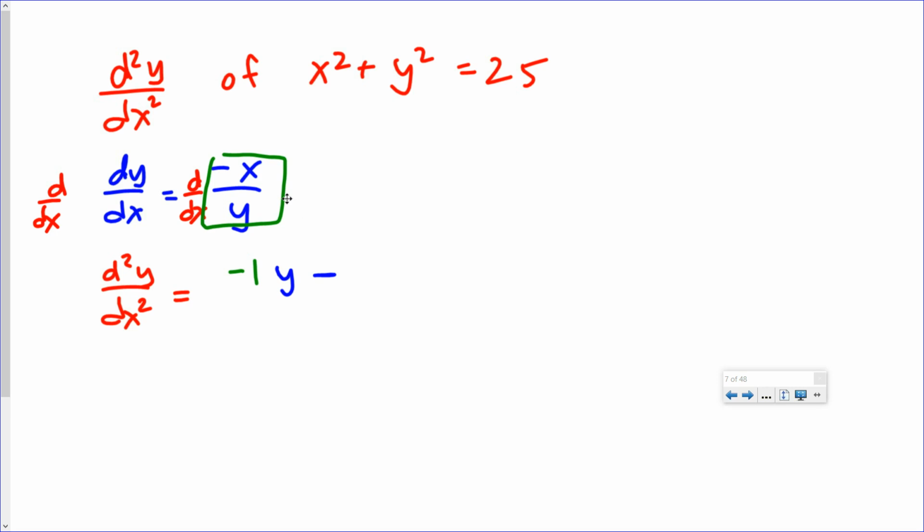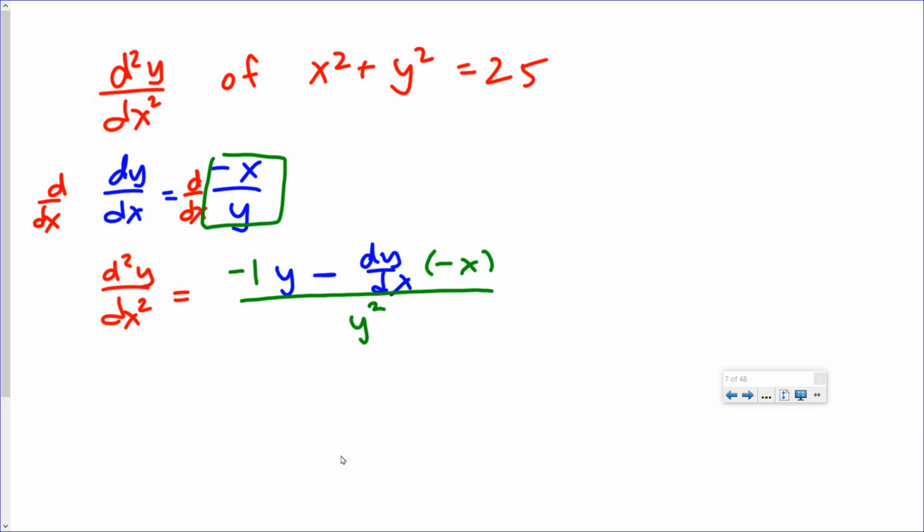But hold on. What's the derivative of y? It's 1 dy dx. So this is going to be 1 times dy dx, derivative of the first times the second, minus the derivative of the second times the first, all over the bottom squared.